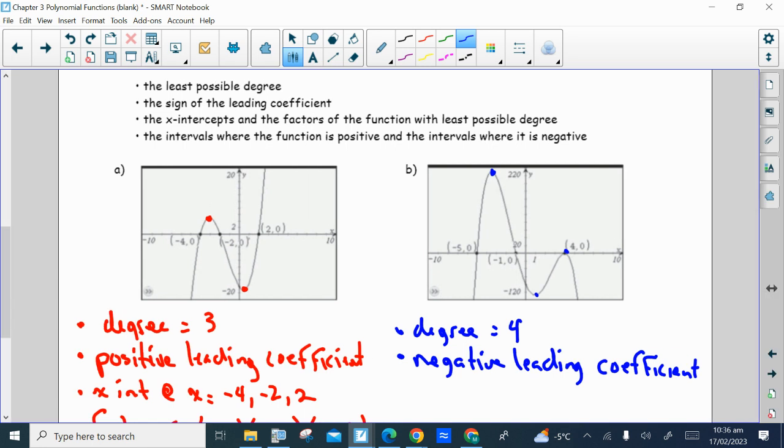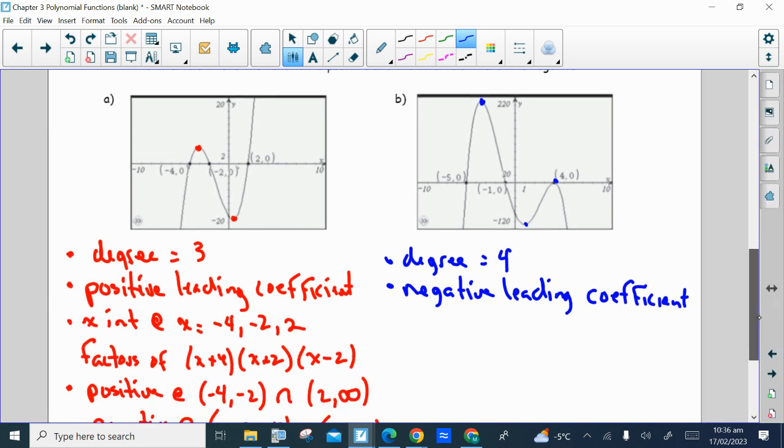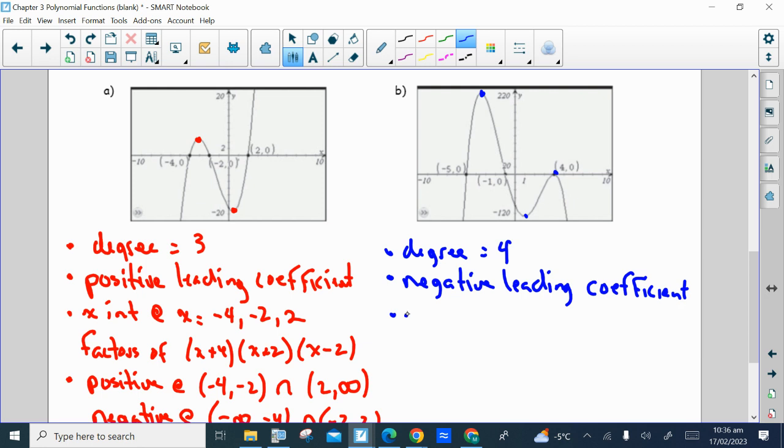We look and we can see that we have x-intercepts at -5, -1, and +4. But that +4 has a multiplicity of 2.